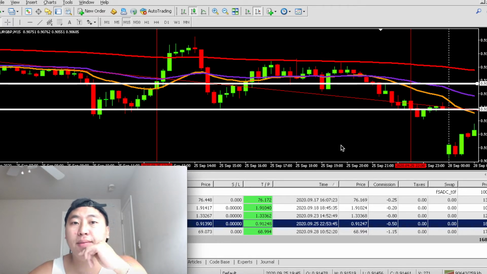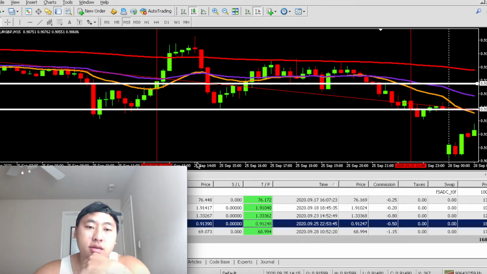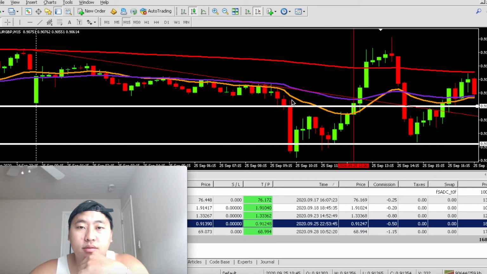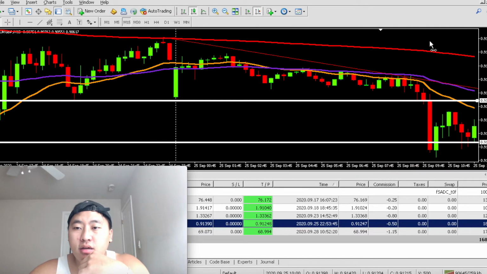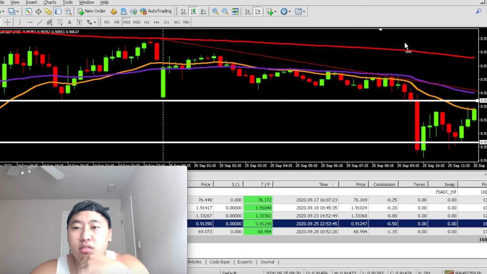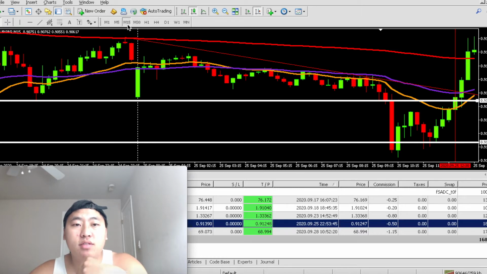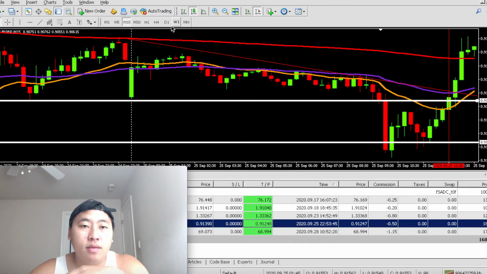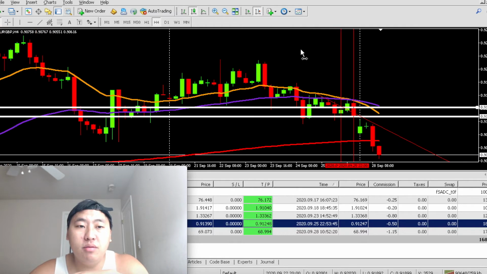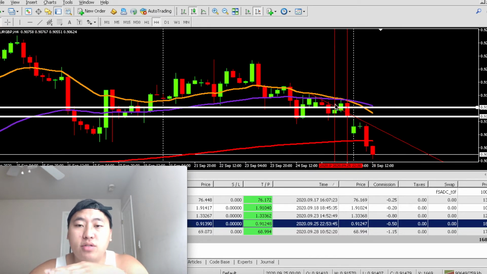A little recap. Number one is moving averages. I started with M15 moving averages, so make sure the moving averages on M15, M30, and H1, all three, are both under the MA200 and under the MA50. The H4, minimum, at least below the MA50 if you're selling.